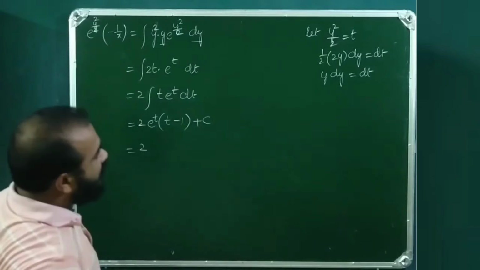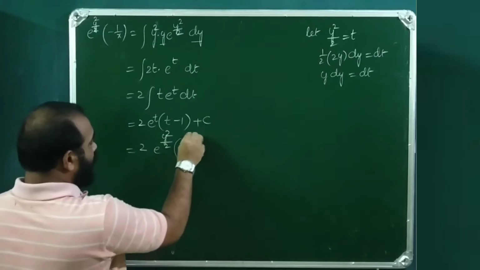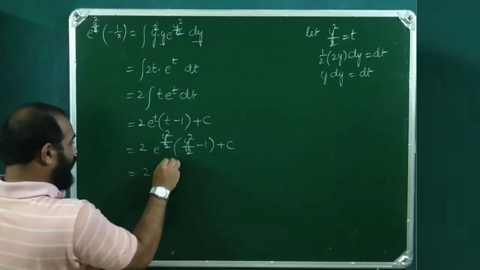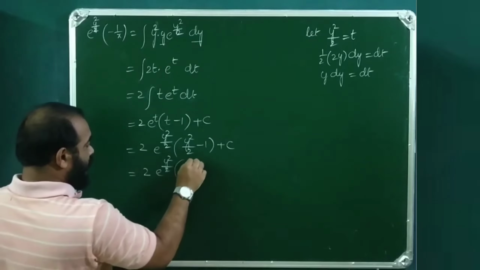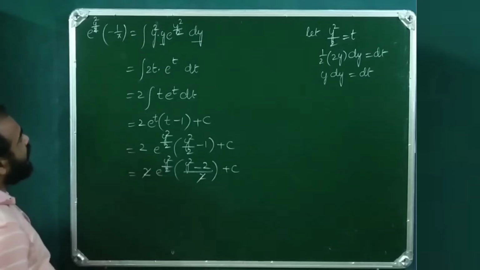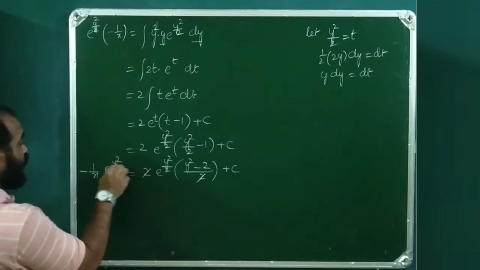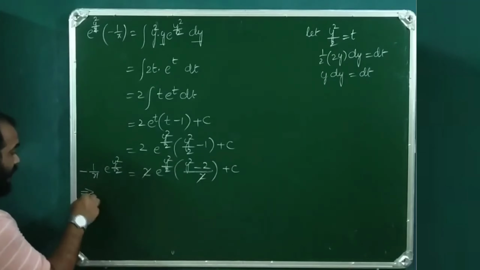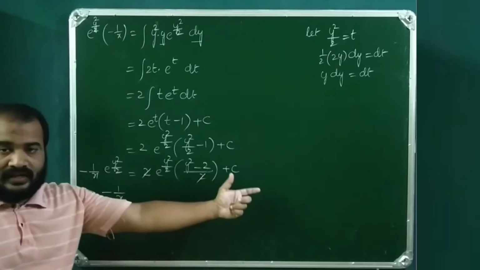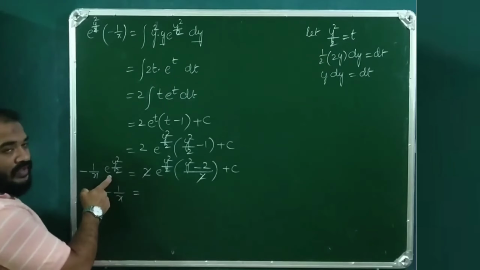So 2 into e power t value is e power y square by 2 into, this is y square by 2 minus 1, plus c. So 2 into e power y square by 2, this is y square minus 2 by 2 plus c. So 2 gets cancelled. So this is minus 1 by x into e power y square by 2. Let us divide throughout the equation by e power y square by 2. Then e power y square by 2 by e power y square by 2 gets cancelled.